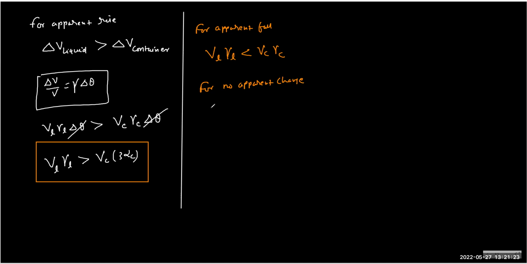And for no apparent change, what can we write? This relation must be equal, which means the volume ratio, the fraction of volume that you must fill, is the fraction of gamma. And this no change can only occur if gamma C is less than or equal to gamma L. Because if gamma C is more than gamma L, then V liquid becomes more than V container, which is not possible.